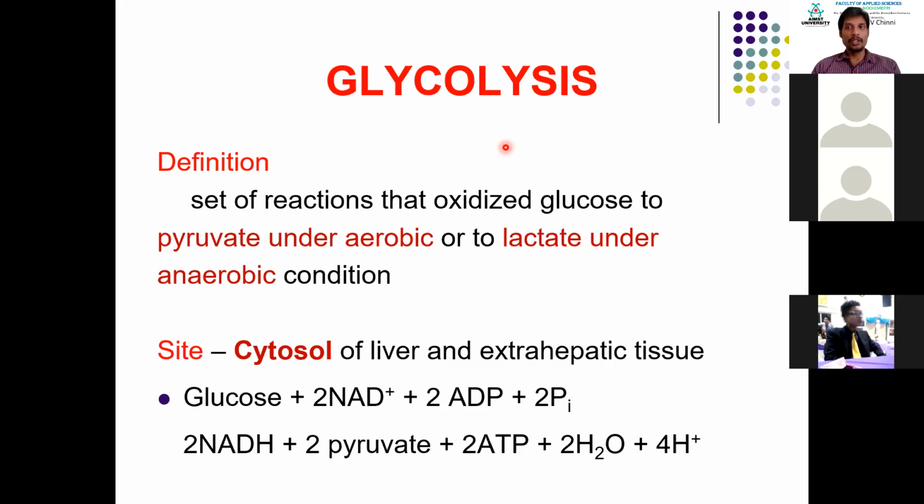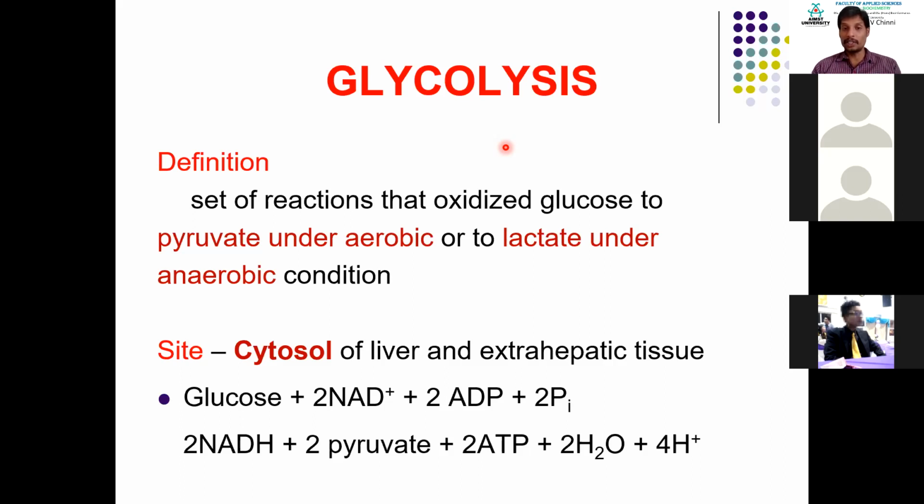Then NADH needs to go for aerobic respiration, that is the electron transport chain, but there is not that much time, and not that much oxygen, because the oxygen you are taking in may not be sufficient to convert everything into ATP. So those muscles will slightly be in anaerobic condition during that time. So the leg muscle cells will go for anaerobic glycolysis, and whatever pyruvate was produced will undergo anaerobic conversion.